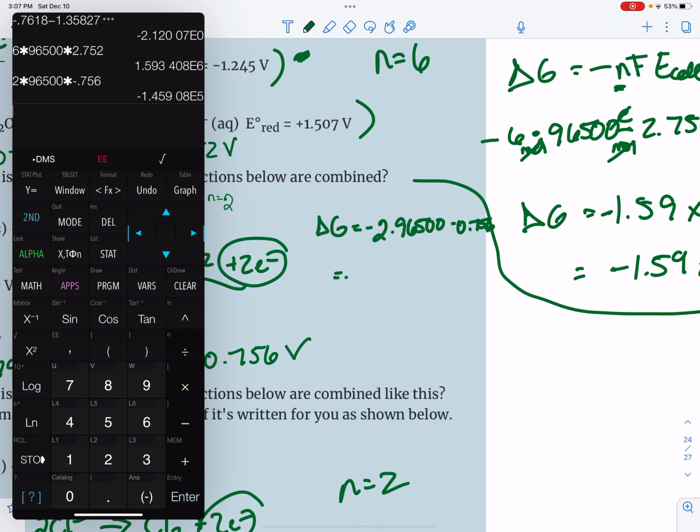So that gives me -1.45 times 10 to the 5th. And as I'm looking at it again, that's in joules for the same reason as before. Actually, that's 146, isn't it? 1.46 times 10 to the 2nd kilojoules.